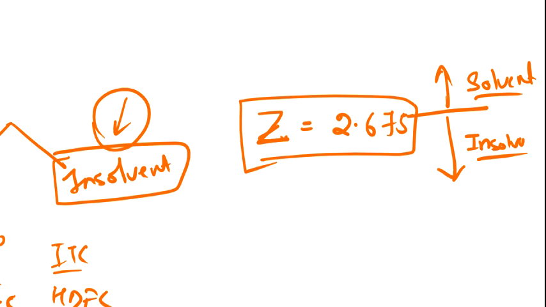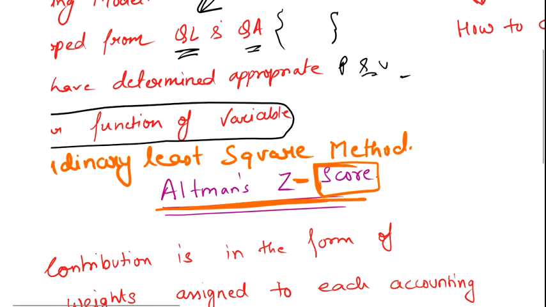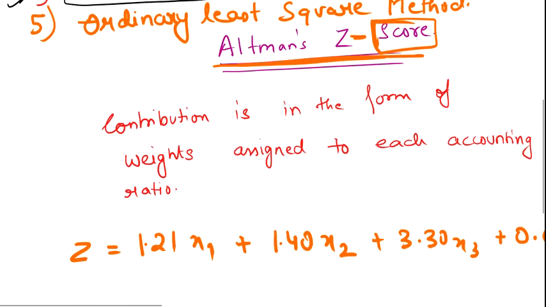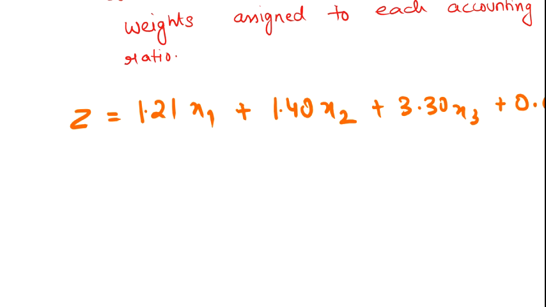Now one of the most important things that we should write down is that the Z score incorporates both financial and non-financial information. Write down in point number 1 under the Altman Z score that it includes both the financial and non-financial information. Clear?